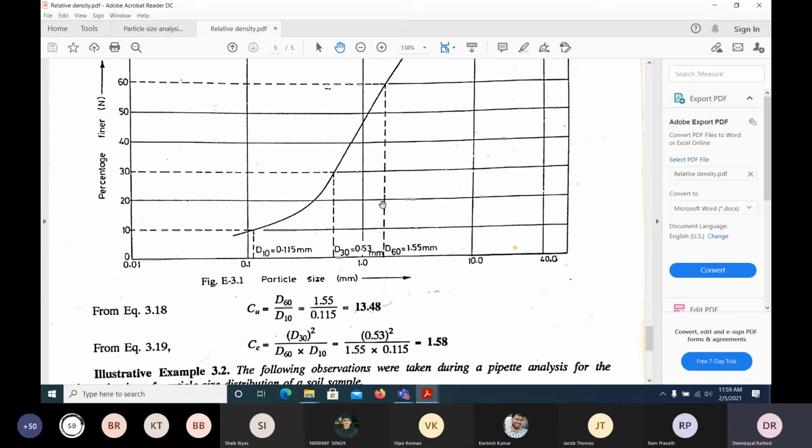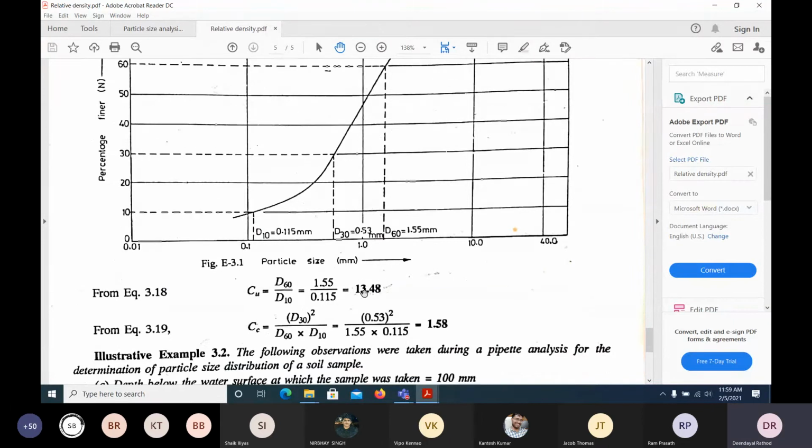This one is 1.55. So 1.55 divided by D10, 0.11, you will get 13 as the coefficient of uniformity. What is the definition of coefficient of curvature?